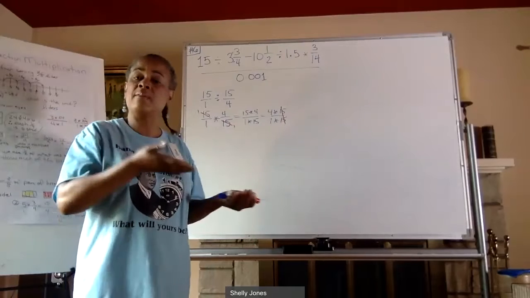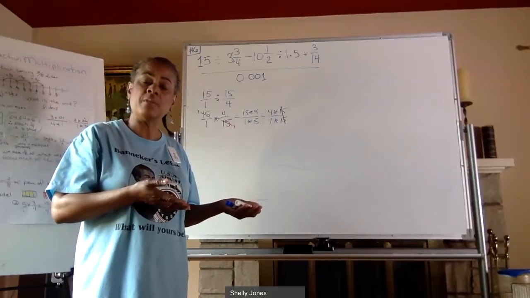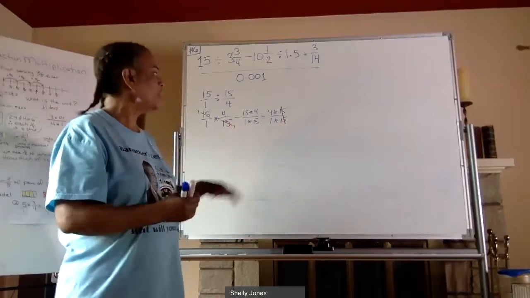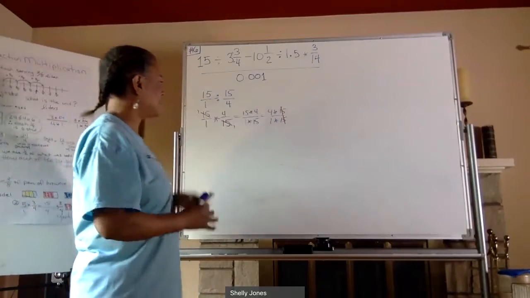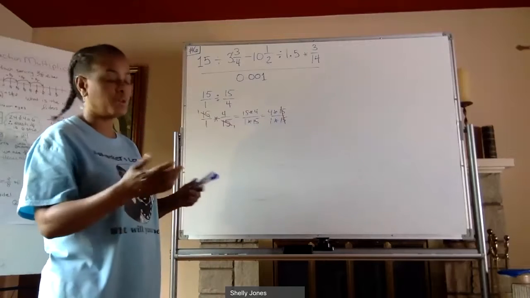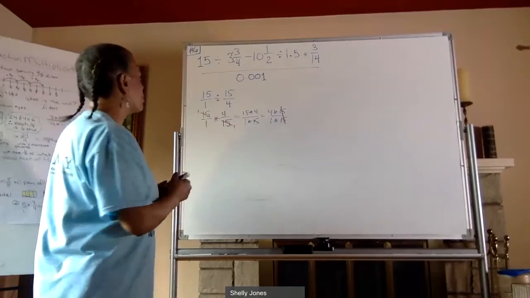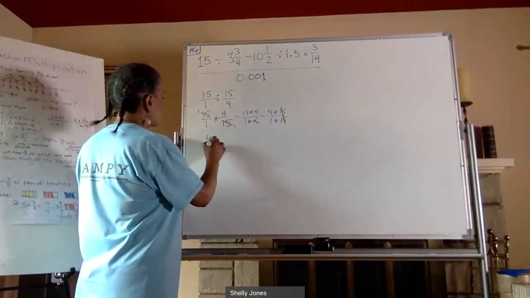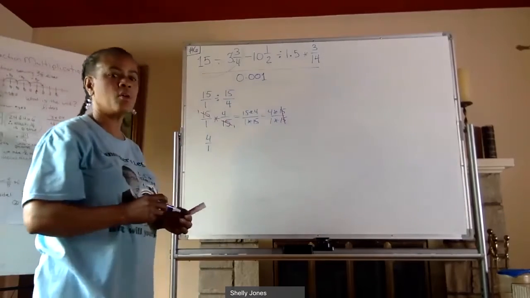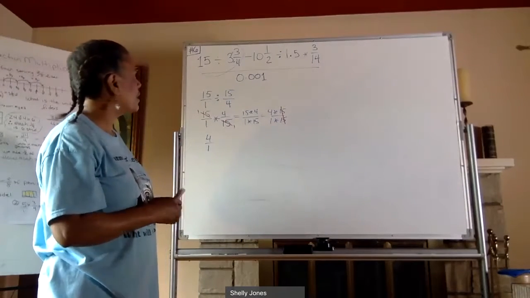And the 5 would have canceled out. And the 5, I could take a factor of 5 out of 15 and get a 3. So that's what I'm doing when I do that. So anyway, my end result is 4 over 1. So I did all of that to get a 4 over 1. So all I did was that part so far.